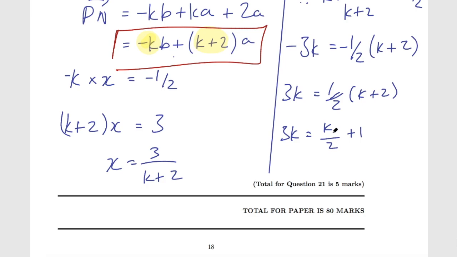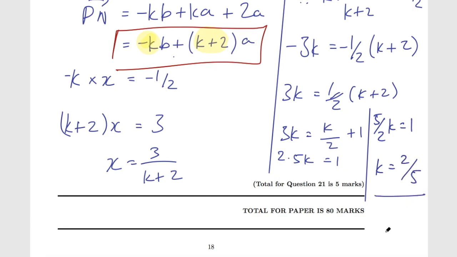Then I'm going to subtract that k on 2 from this side. So 2.5k equals 1, and another way of writing 2.5 is 5 on 2, so k must equal 2 on 5. And that's your final answer for that question, k equals 2 over 5.